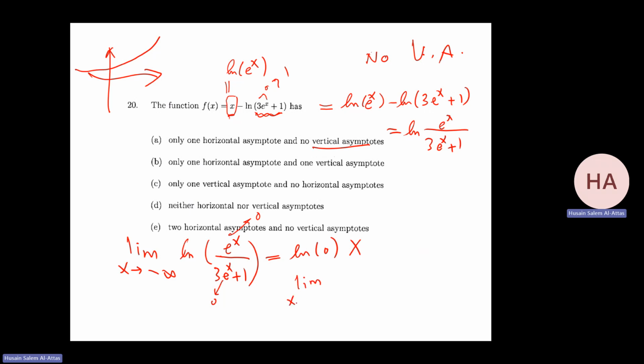Now what about the limit as x goes to infinity of the same function? I can do this trick. Let me, just to save space, do it here. I have the limit of ln.